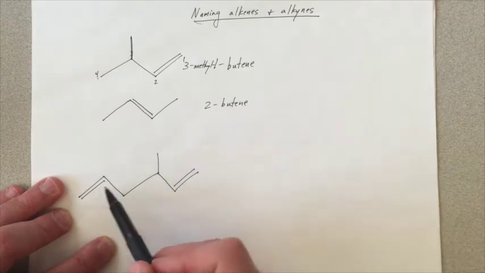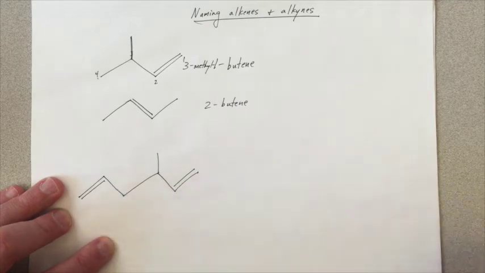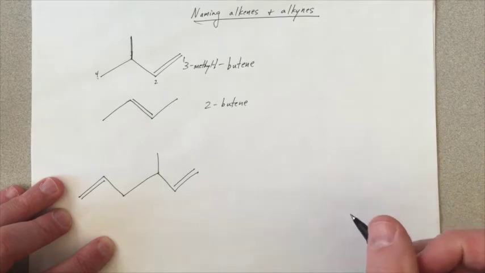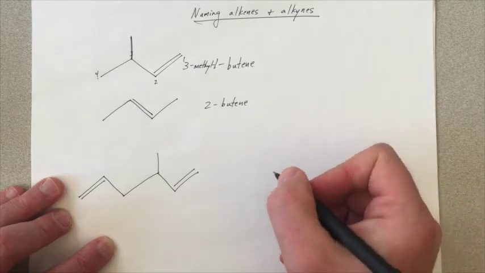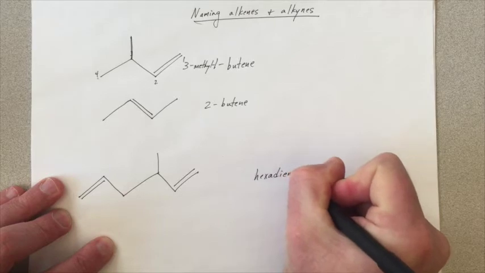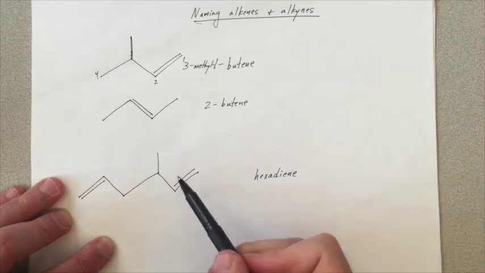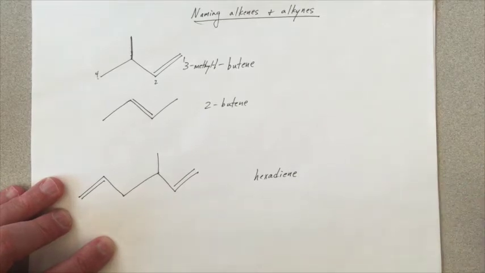So let's try to name this molecule. 1, 2, 3, 4, 5, 6. This is like hexane, but it's not a hexane. It's more like a hexene, but we have 2 enes in there. So it's a hexadiene. And I'm going to have to tell you where the 2 enes are in my hexadiene.